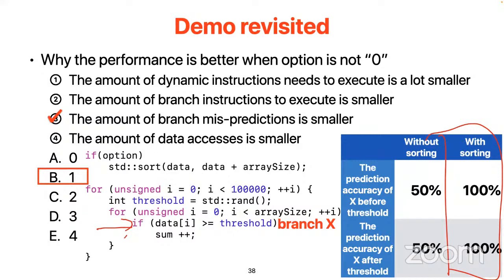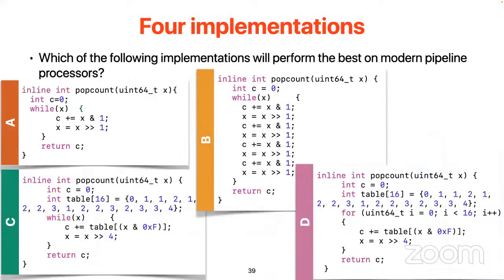And once it changes direction, it's going to have the same direction till the end of the execution. So no matter whether you are using a local predictor or a global predictor, once you fix the direction of this branch, they will predict very well. So this is worth doing if you can sort the data ahead of time, and if this is the most time consuming part of your program.